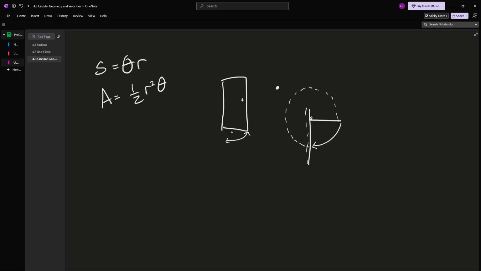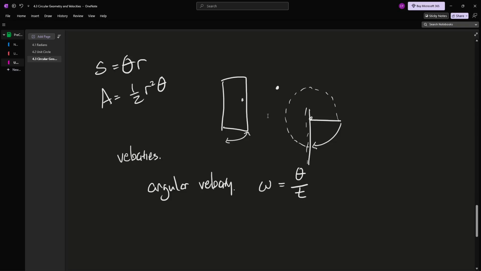So we actually have two types of velocities that we want to find. The first one is angular velocity. So how big of an angle am I moving per time? This is given as omega equals theta over time.